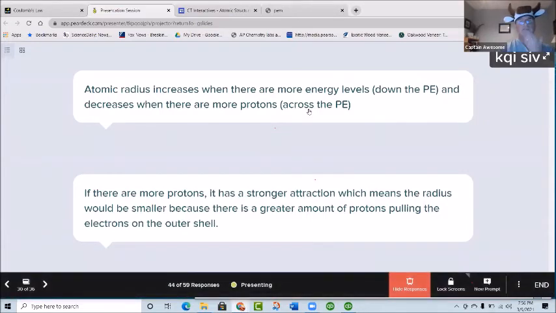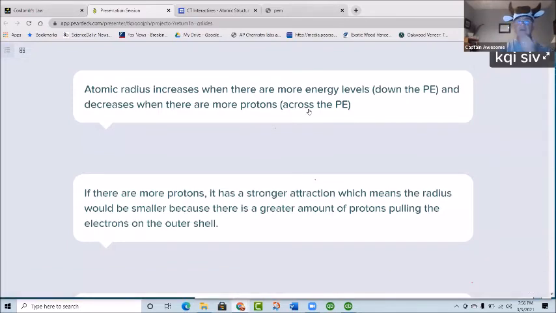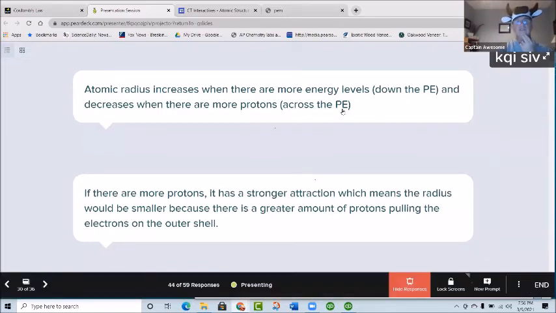Okay, so just to point out that y'all's answers are good, but they could be a little bit better. Atomic radius increases when there are more energy levels and decreases when there are more protons. Now, the first part, increases when there are more energy levels, has nothing to do with this question because they're all in the same row.